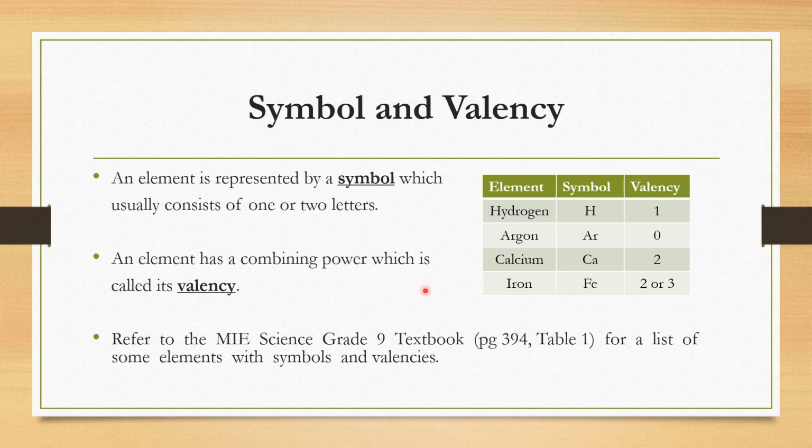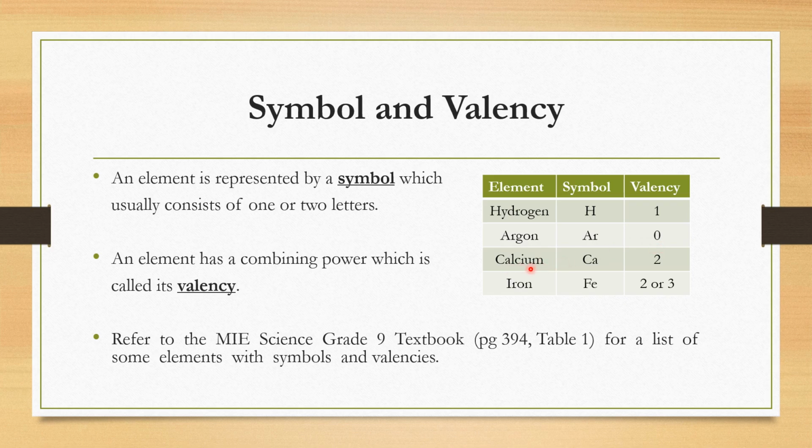You also learned that an element has a combining power which is called its valency. You will recall that the valency of hydrogen is 1, that of argon is 0.